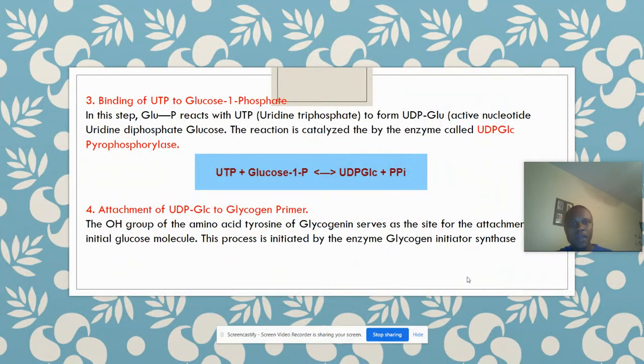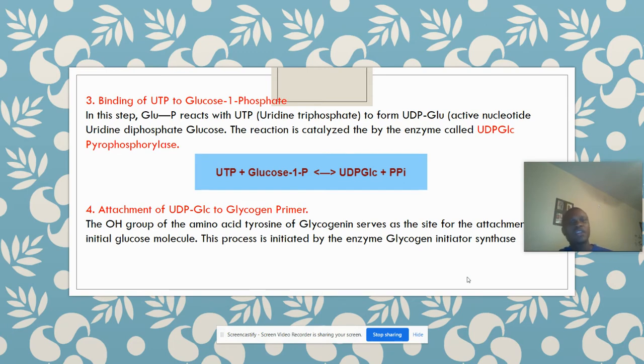Now, the third step in glycogenesis is the binding of uridine triphosphate to glucose 1 phosphate. In this step, the glucose 1 phosphate reacts with uridine triphosphate to form uridine diphosphate glucose. So it's an active nucleotide, uridine diphosphate glucose.